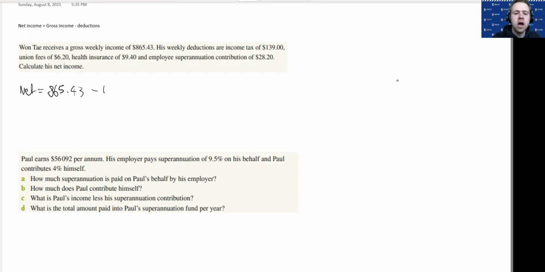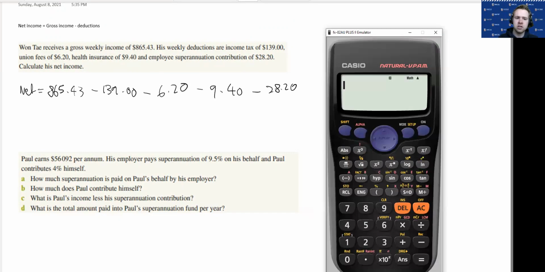So we've got income tax, union fees, health insurance, and an employee superannuation contribution. We're going to talk about that more in a moment. Okay, so they're all our deductions, and that's all we have to do mathematically to calculate our net income.